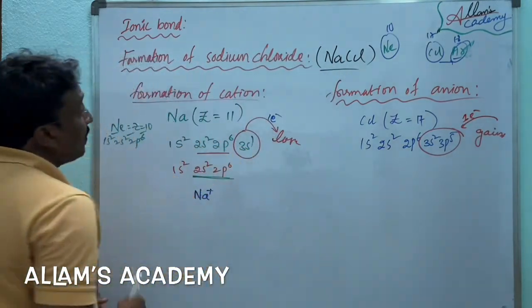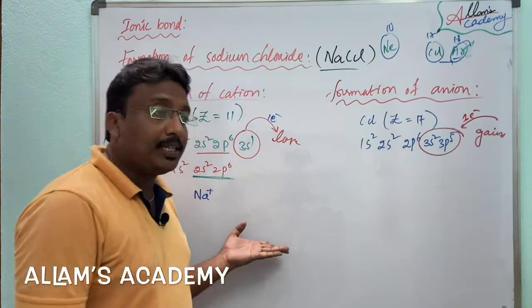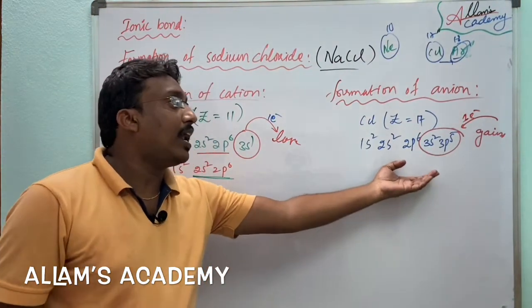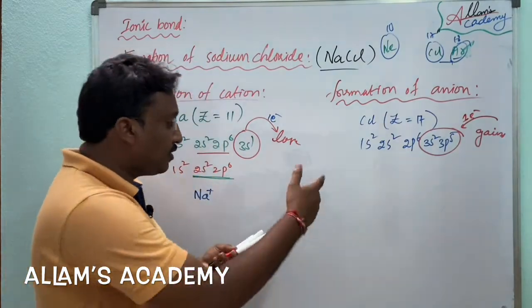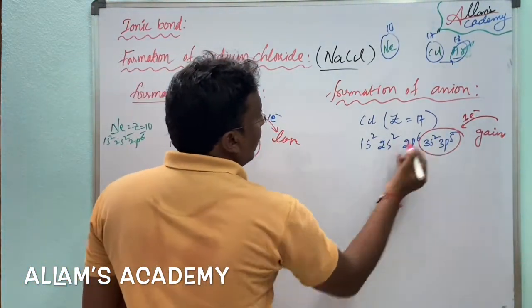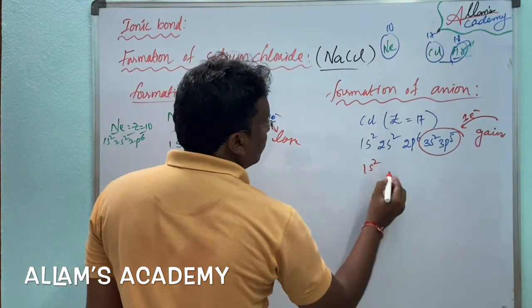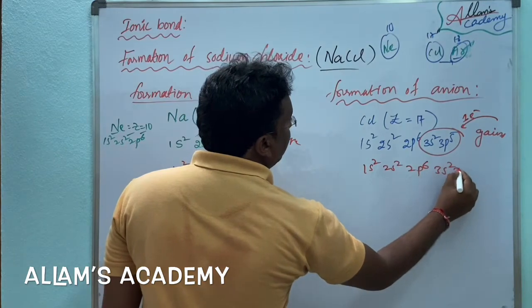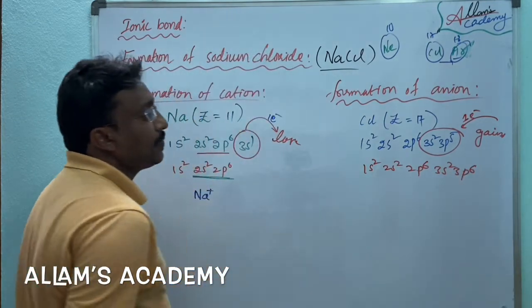See, here one atom is ready to give, and here one atom is ready to gain. By gaining 1 electron, its electronic configuration becomes 1s2, 2s2, 2p6 and 3s2, 3p6.